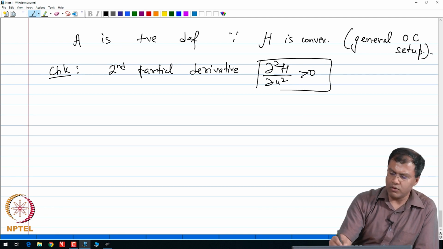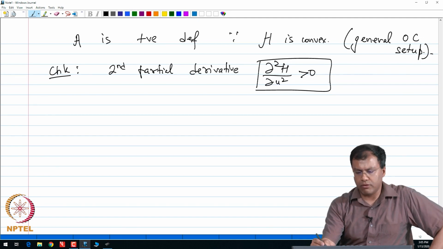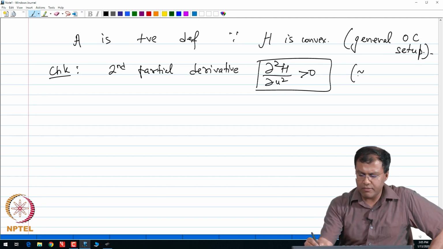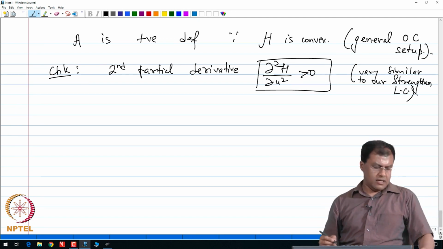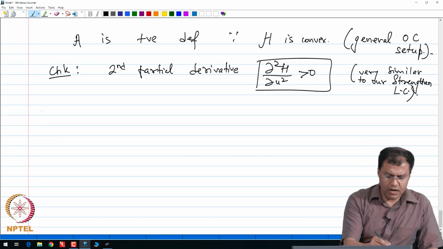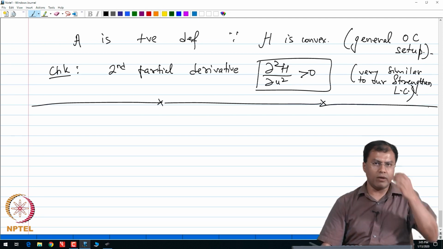So, all we need to do is check whether the sign of this partial derivative is positive, and this is very similar to our strengthened Legendre condition. Now, let me just highlight the solution methodology by a few quick examples.